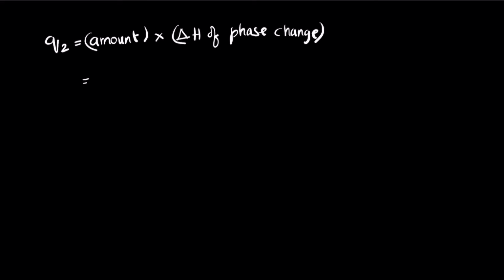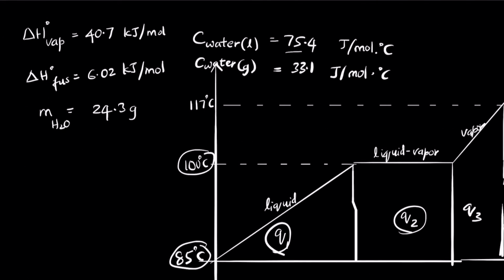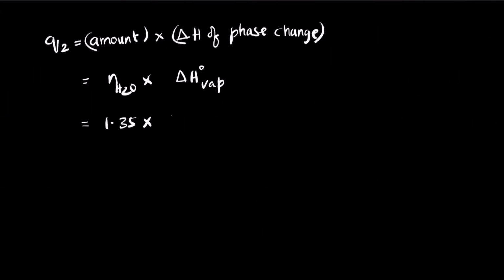So amount here will stay the same, N of H2O. Notice that number of moles will not change even if the phase changes, times delta H of vaporization. So which is 1.35 mole times delta H of vaporization from the values is 40.7 kilojoule per mole.